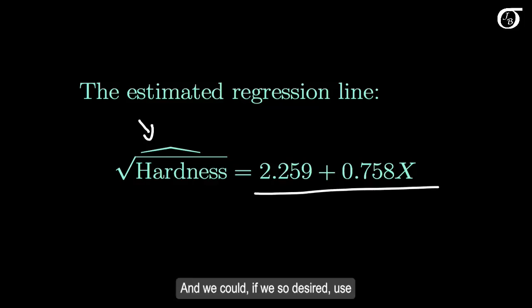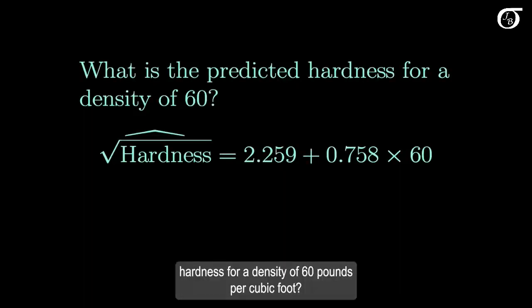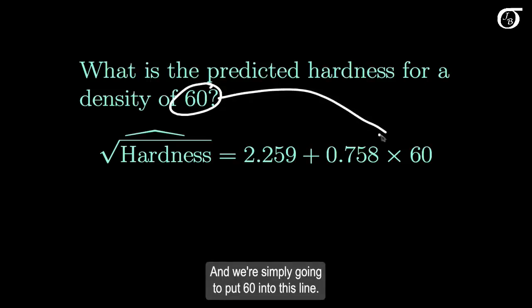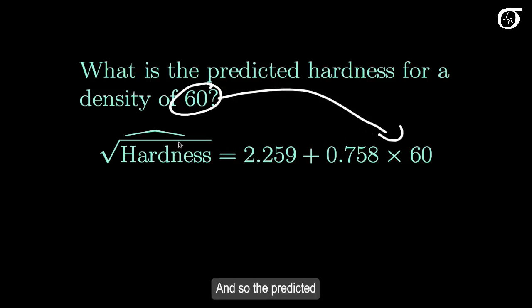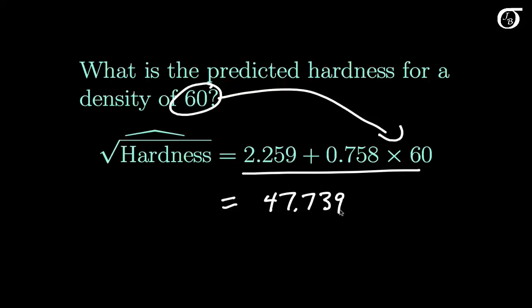And we could, if we so desired, use this relationship for prediction. What is the predicted hardness for a density of 60 pounds per cubic foot? Well, 60 is our x variable, and we're simply going to put 60 into this line. And so the predicted value of the square root of hardness is equal to this. And we work that out and we get approximately 47.739.